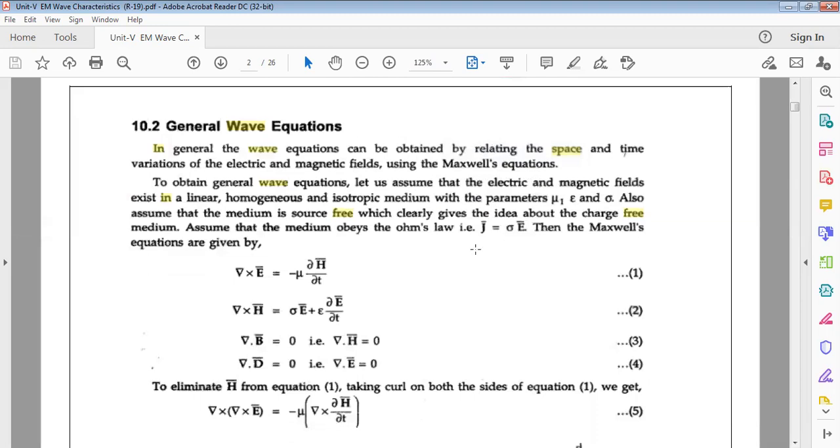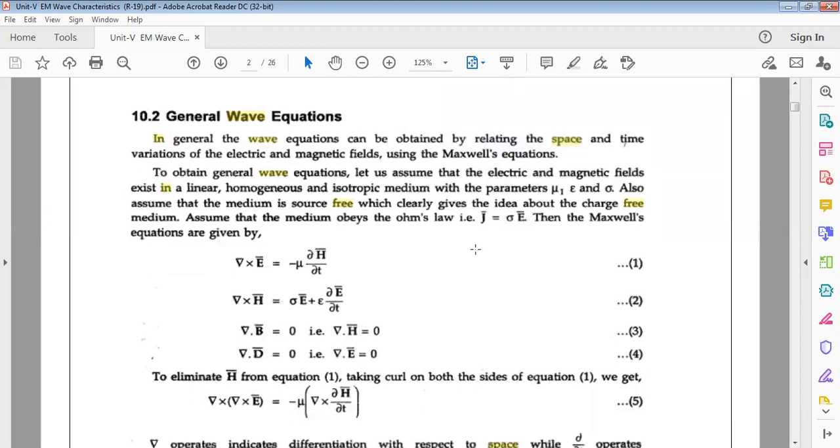So, general equations. To find the general wave equations, let us assume the electric and magnetic fields exist in a linear, homogeneous, and isotropic medium with the parameters mu, epsilon, and sigma. Mu is the permeability, epsilon is the dielectric constant, permittivity, and sigma is the conductivity.